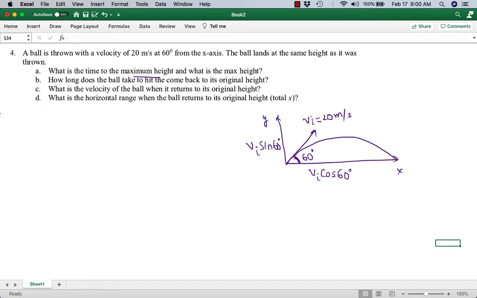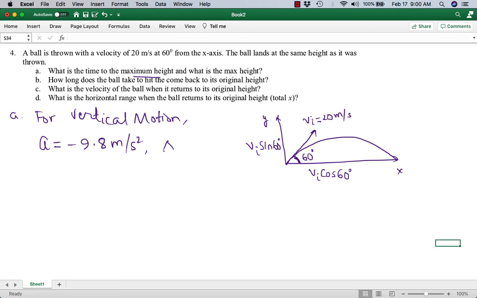Okay, so let's talk about vertical motion. For vertical motion, we always have acceleration equal to negative 9.8 meters per second squared. And we also know that it starts from this level and then ends at the same level.